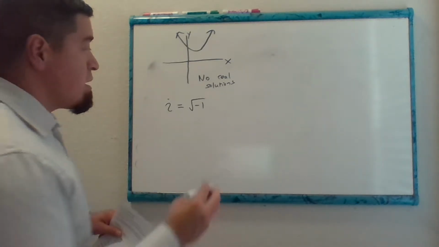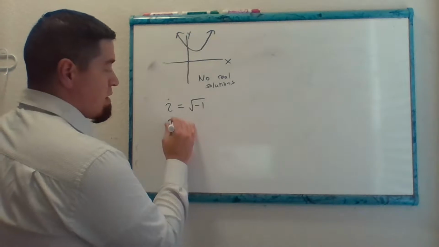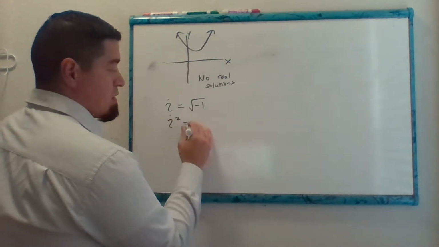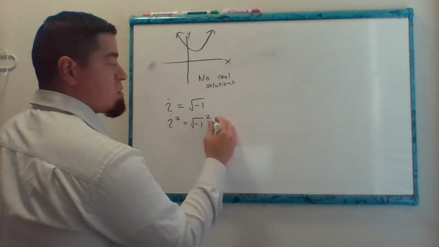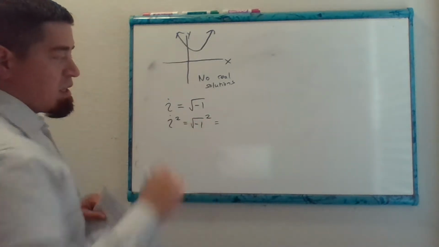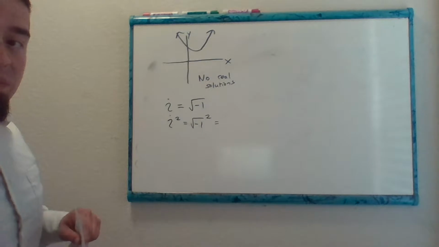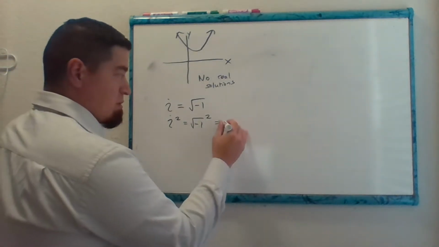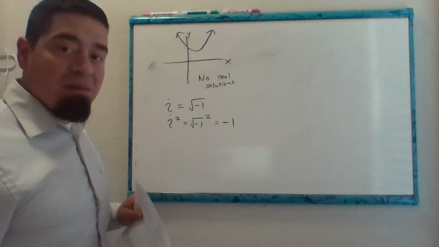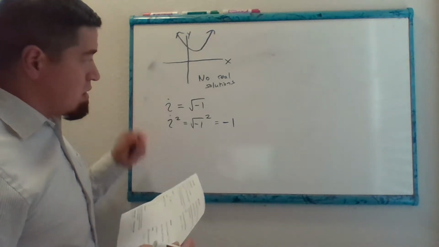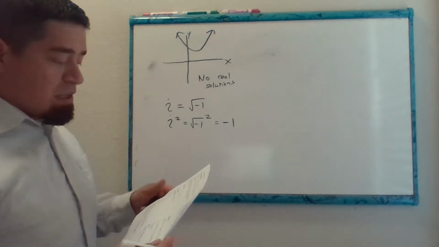Therefore, what happens if I square i? What's the square root of -1 squared? What's going to happen to the square and the square root? That's right, they're going to cancel. So you end up with i squared equals -1.